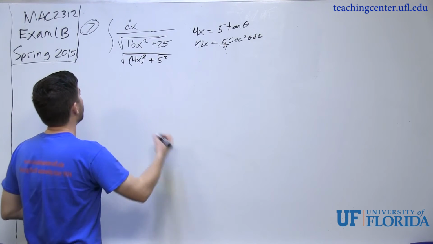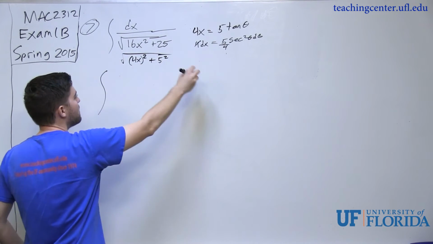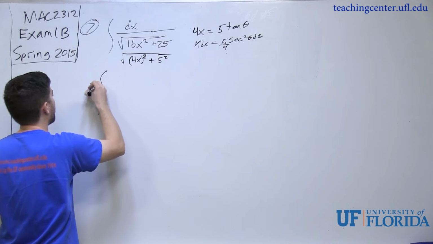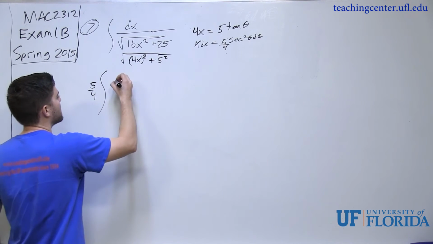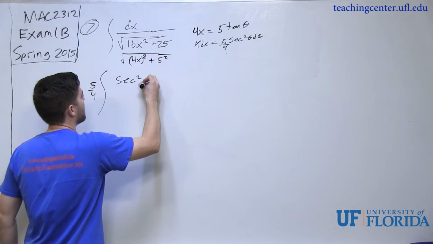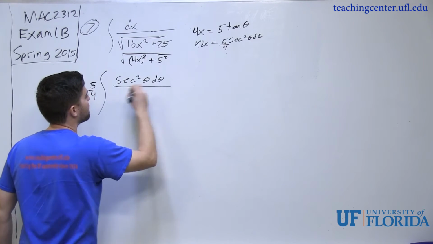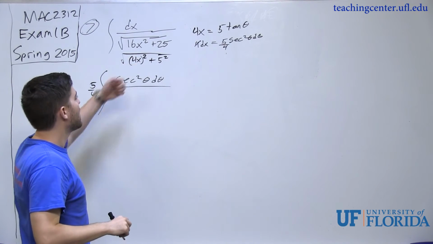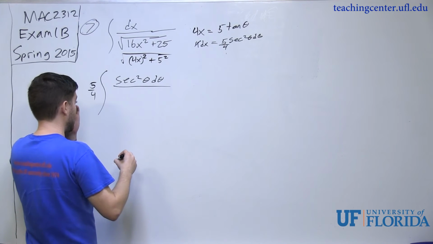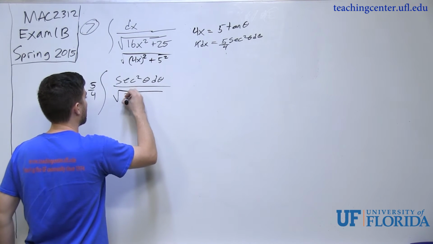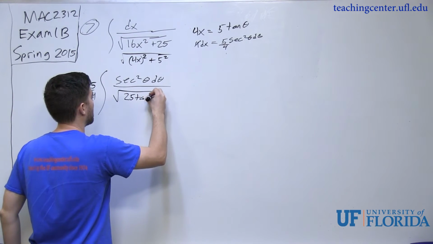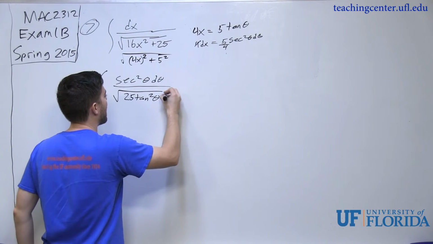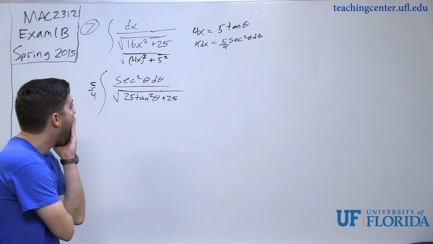So I have everything I need now. I can go through, plug everything in. So I have 5/4, I'm going to write on the outside, secant squared theta d theta. And here I have 25 tan squared theta plus 25. Okay.